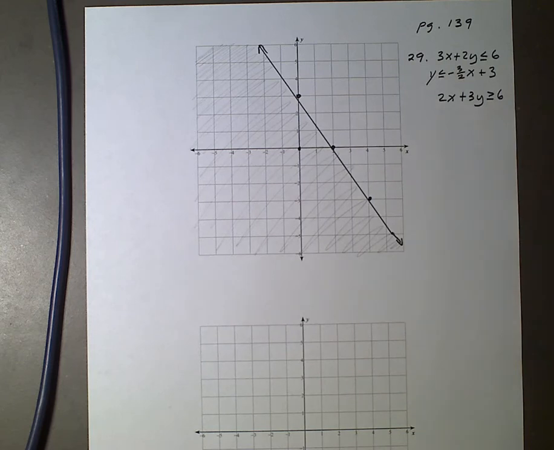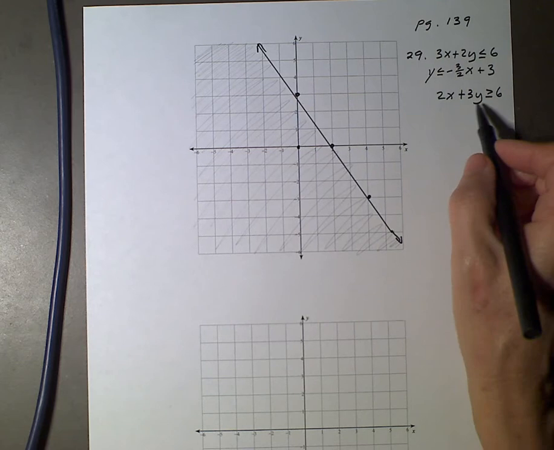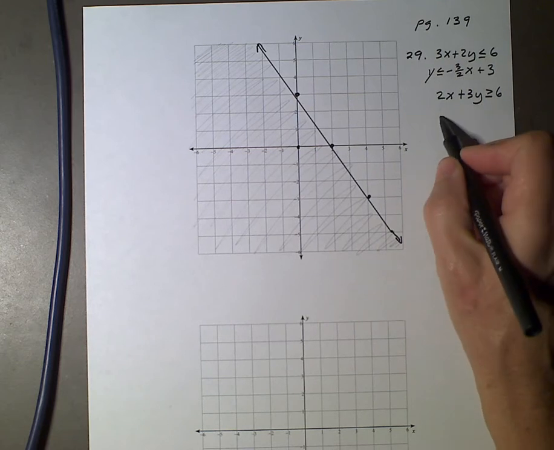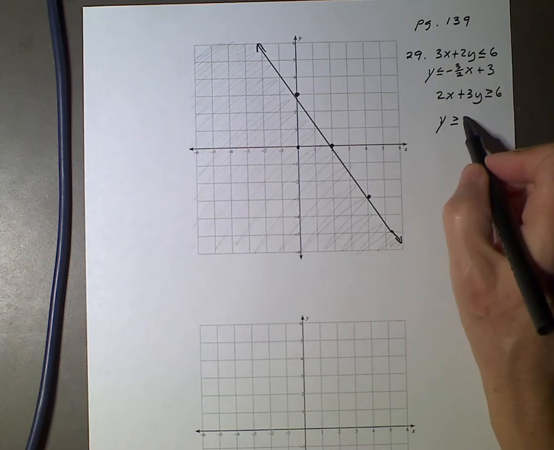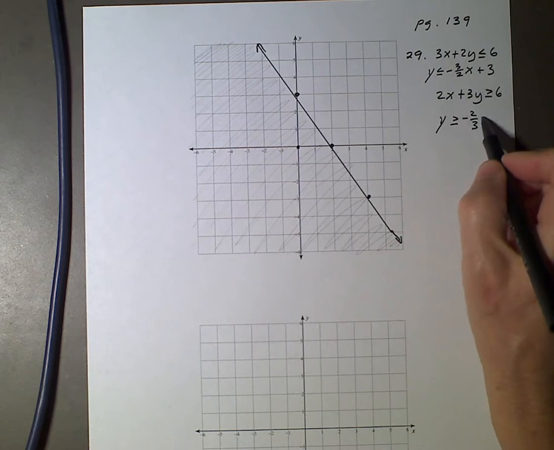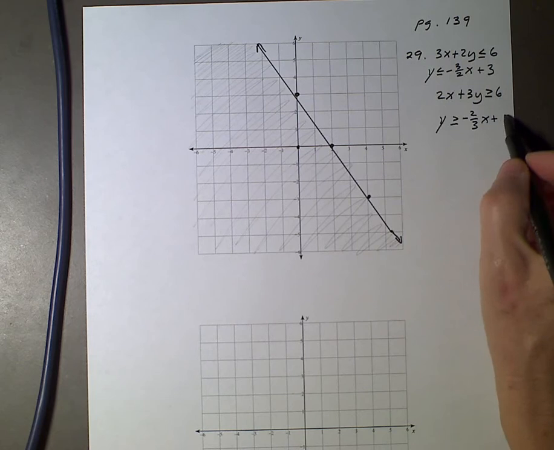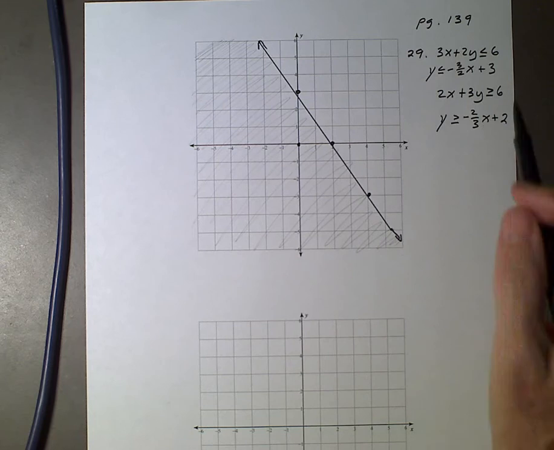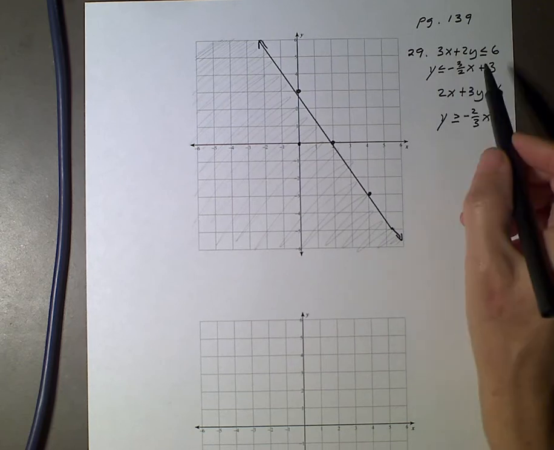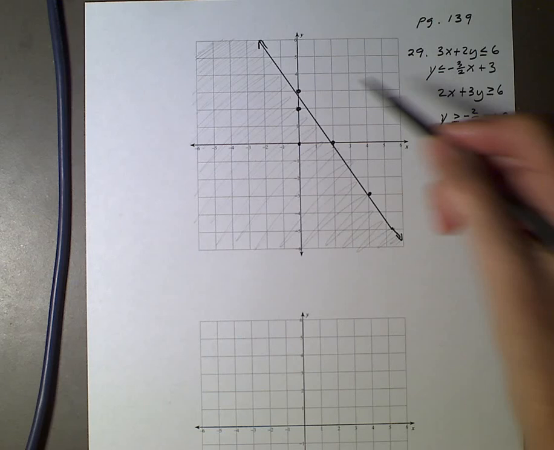So then I'm going to take this next equation and put this in slope-intercept form. And when I do this, I will have y is greater than or equal to the opposite of 2 over 3, so negative 2/3 x plus 6 divided by 3 plus 2. So you can go through the whole process to get that one into slope-intercept form. So I'm at positive 2, and I have a slope of negative 2/3.